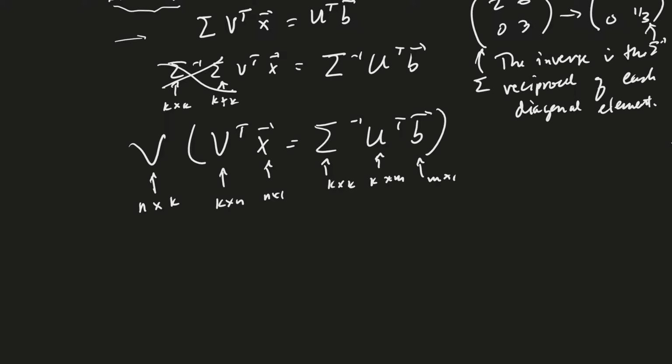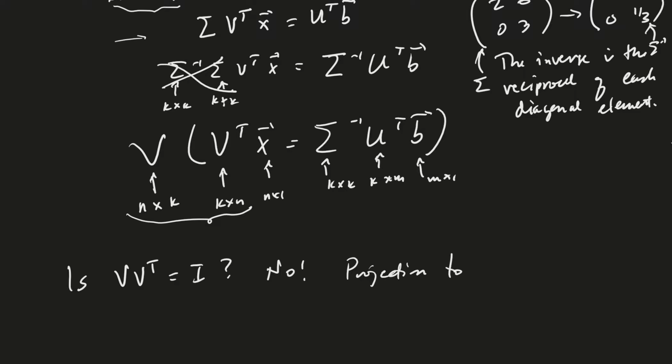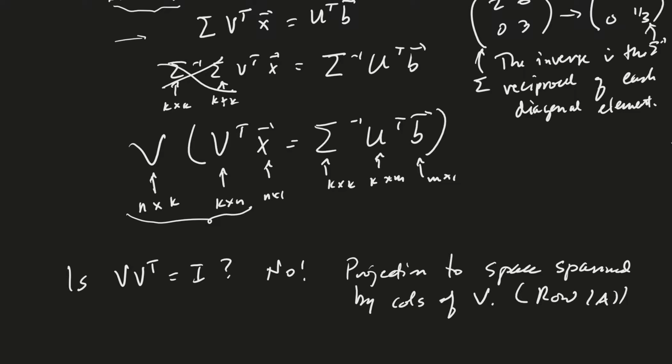Good. And so now you see here, when you multiply this out, is V V transpose equal to the identity? Ooh, I hope you said no. What is it? It's the projection matrix into the space spanned by the columns of V. Okay, and that is the row space of A. Good.